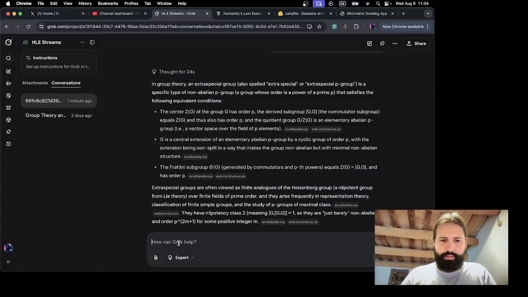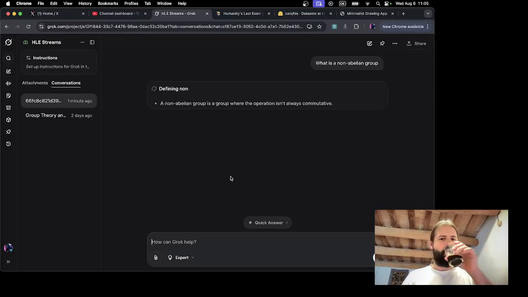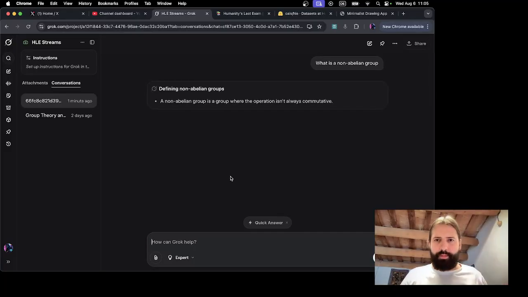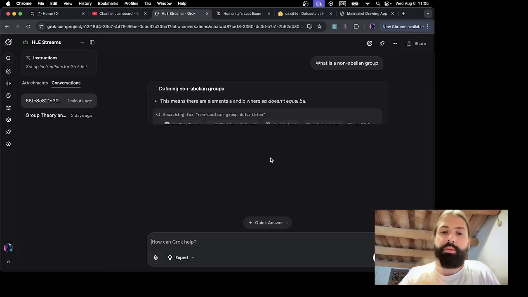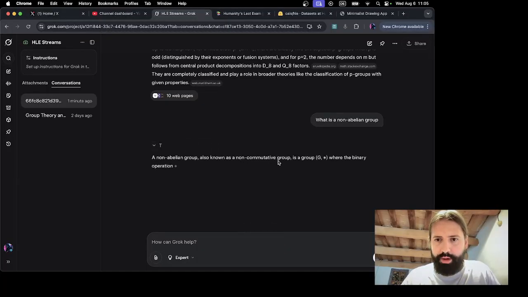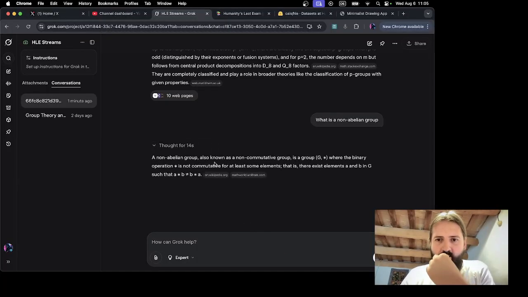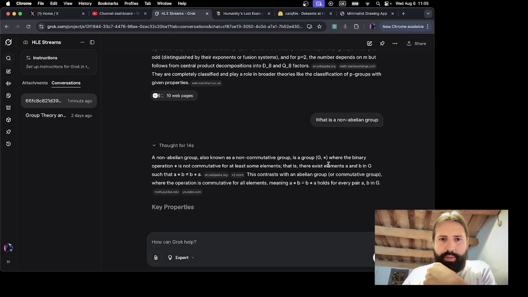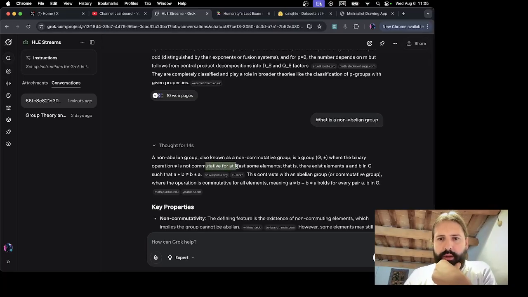What is a non-abelian group? It's a non-commutative group, where the binary operation is not commutative for at least some elements.